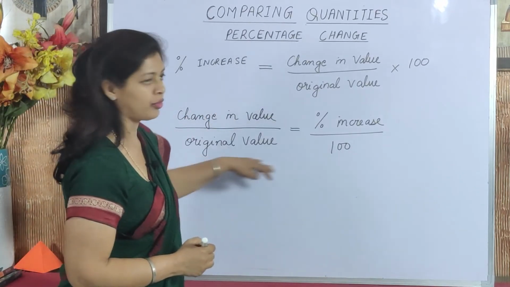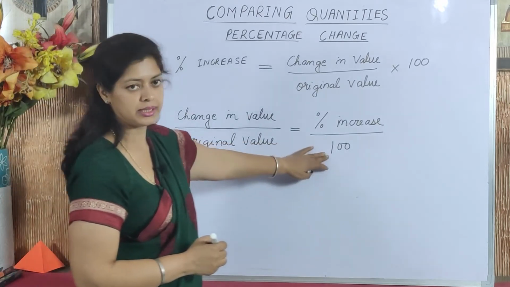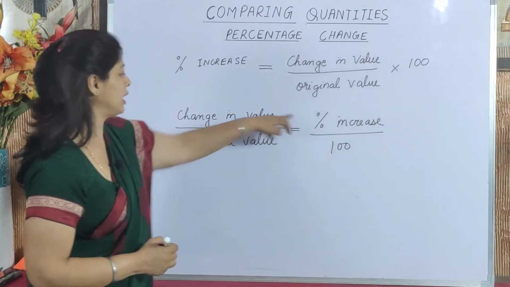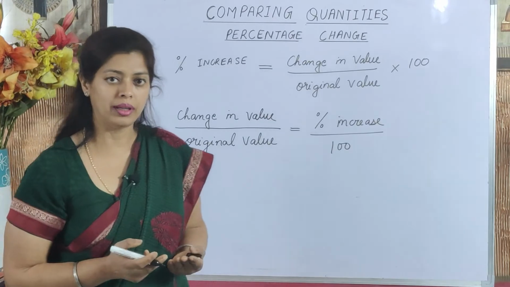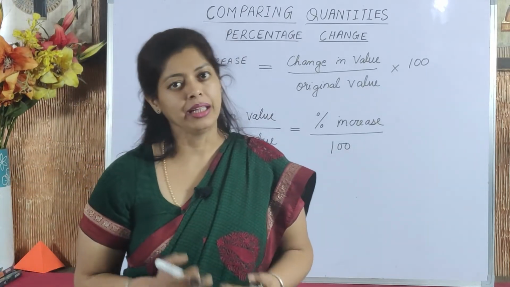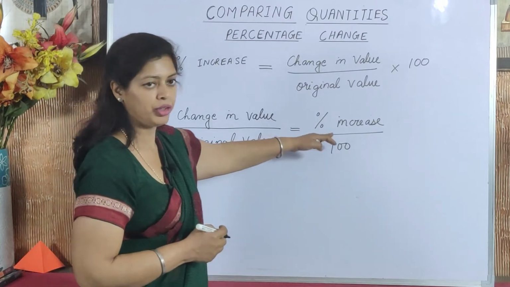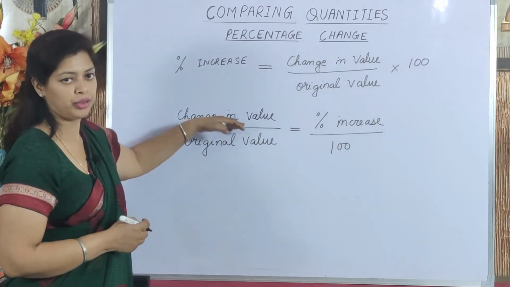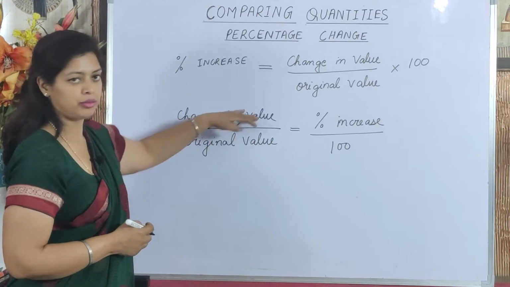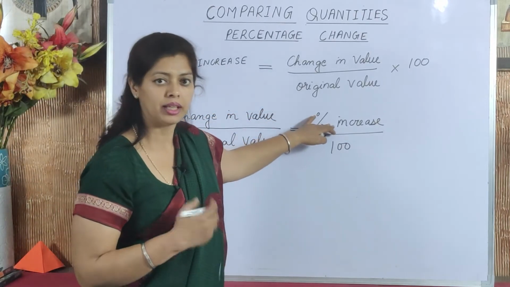Here again, we have 4 values, out of which 100 is fixed, and out of the other 3, 2 will be known and you will be required to find the third. Either the actual increase is given to you and the percentage increase is not, or the actual increase you have to find and the percentage increase is given to you.